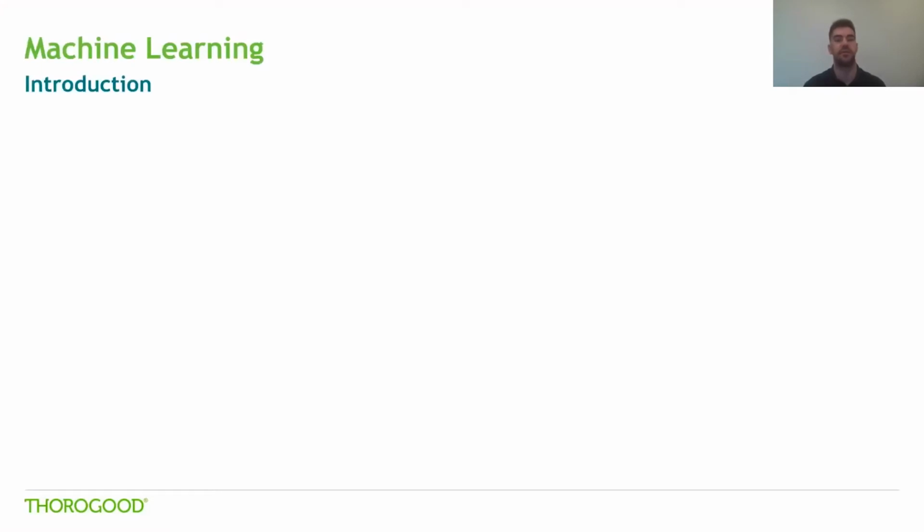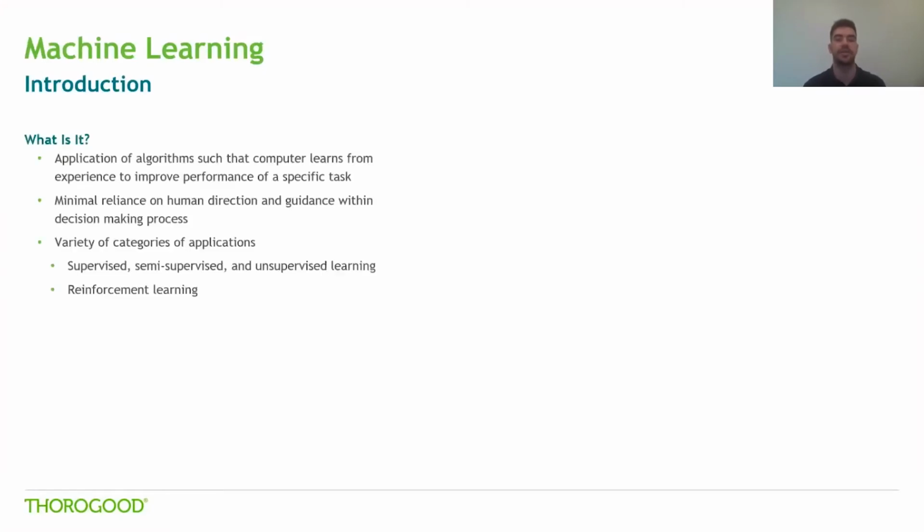I'm sure if you asked 100 different people for a definition of machine learning, you'd probably get 100 slightly different answers. But generally, it's the application of algorithms in a way that computers are enacting some sort of task. But they're also doing it in a way that they're learning from experience rather than requiring explicit outside direction for every single step of that task.